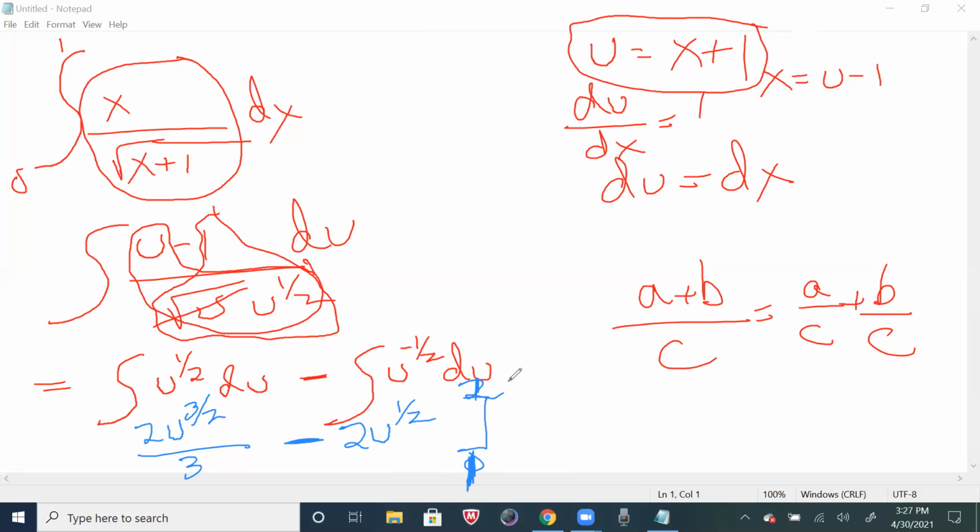If I don't want to, then I go back and I substitute for x before I evaluate. And you see where I got the 1 and the 2? In other words, if x is going from 0 to 1, then u is going from 1 to 2.